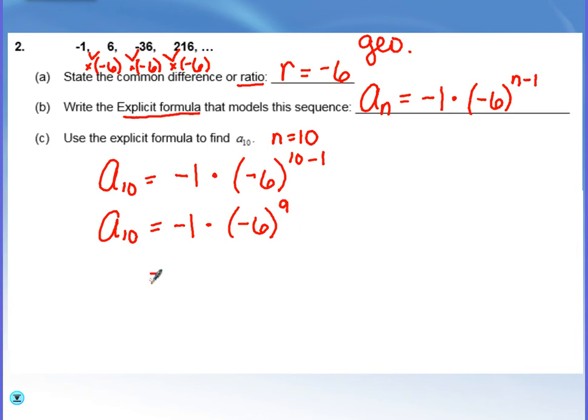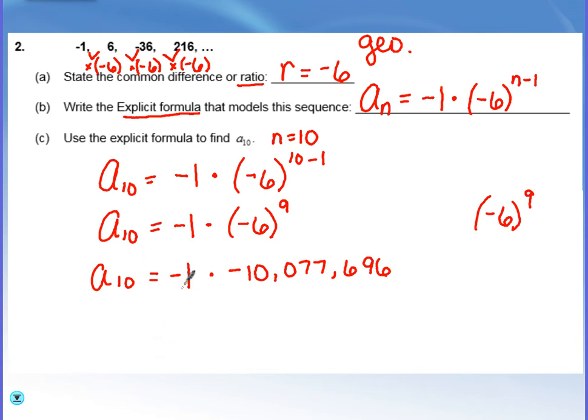I'd like you to use your calculator now. We must do our exponents, so negative 6 to the 9th power. Please make sure that you put negative 6 in parentheses. That is very, very important. So if you do that, negative 6 to the 9th power becomes negative 10,077,696.